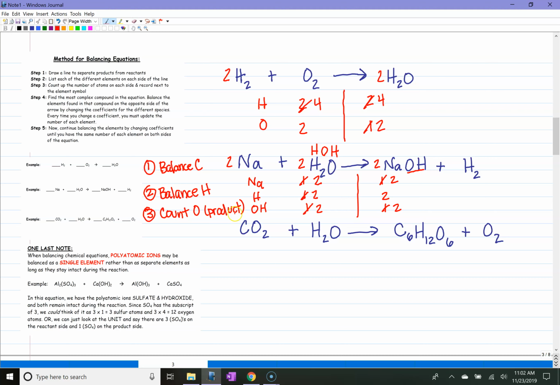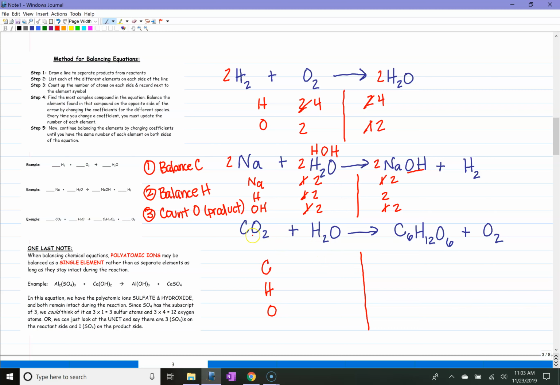So if we look at this, normally we would say our products are always going to be carbon dioxide and water for a combustion reaction. We have carbon, we have hydrogen, and we have oxygen.